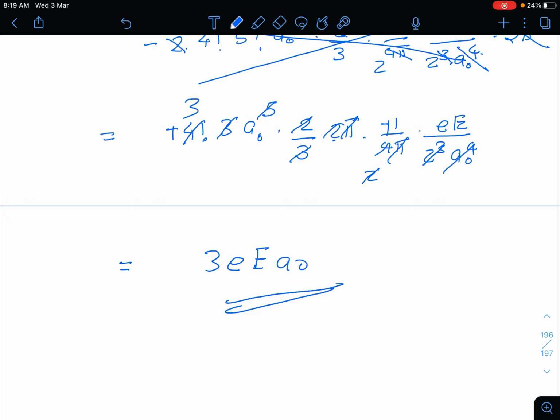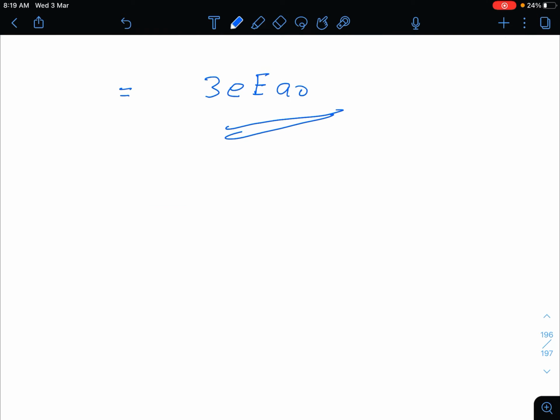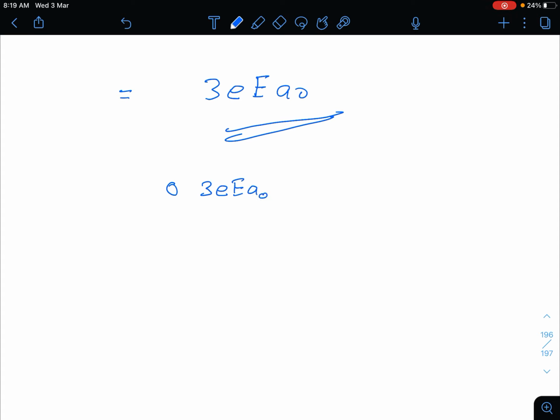So now our W matrix becomes simply 0, 3 e a0, 0, 0, 0, oh sorry, 3 e a0, 0, 0, 0, 0, 0, 0, 0, 0.